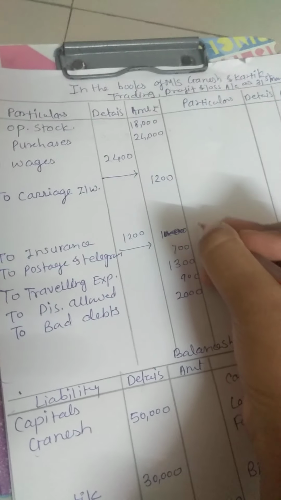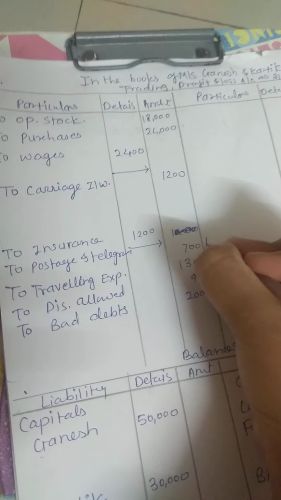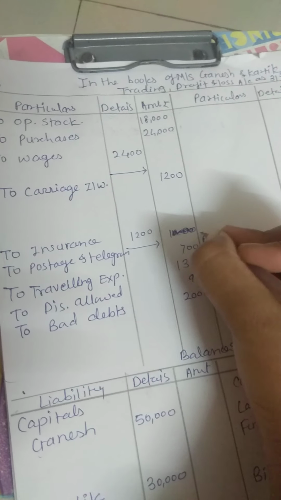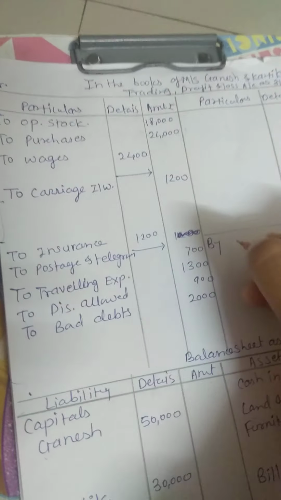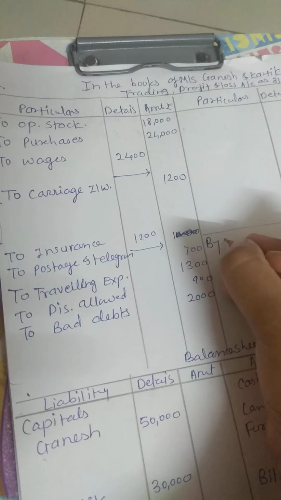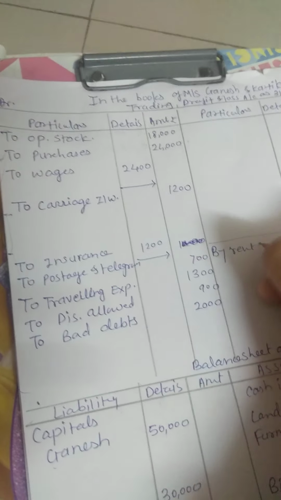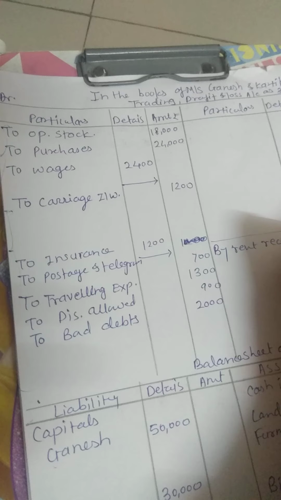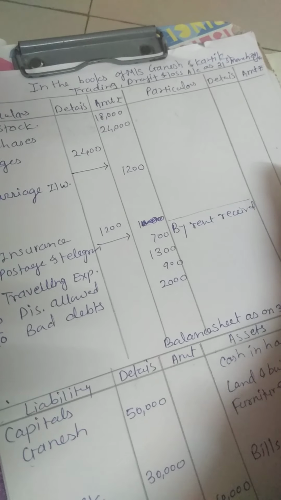So we are putting the amount on the profit and loss credit side. I am leaving one space here and writing rent received, amount is 2,200.